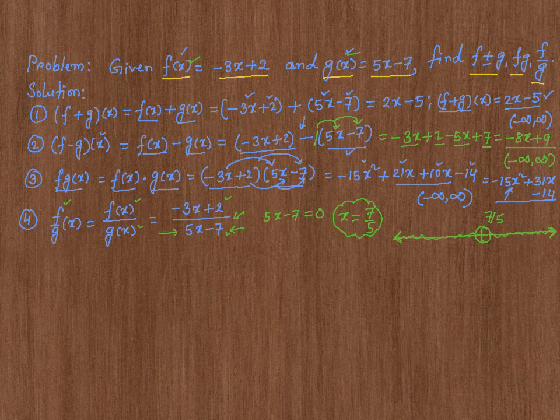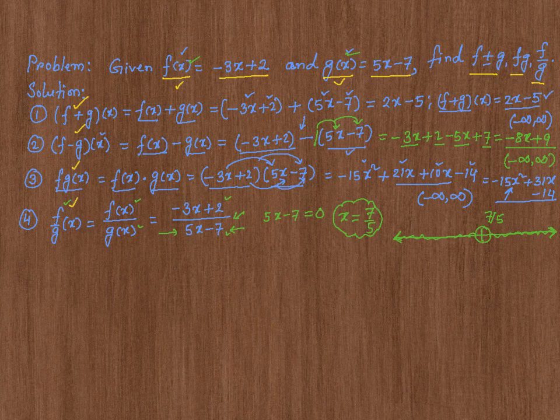Now let me go ahead and summarize what I have talked about in this video. Basically, we have taken two functions, f and g, and then we created new functions out of these two functions by applying the usual addition, subtraction, multiplication, and division.